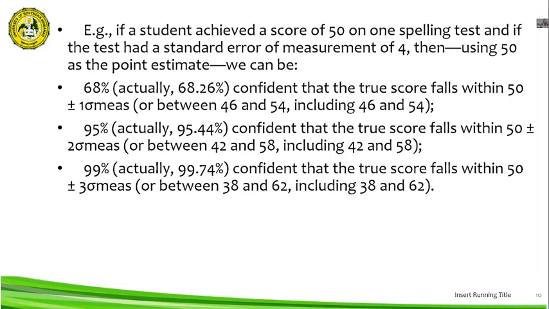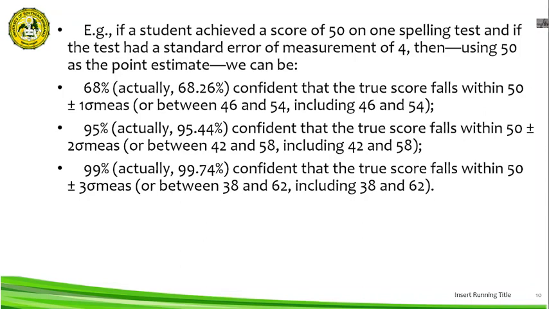So next is 99%, actually 99.74%, confident that the true score falls within 50 plus or minus 3 standard errors of measurement, or between 38 and 62, including 38 and 62.